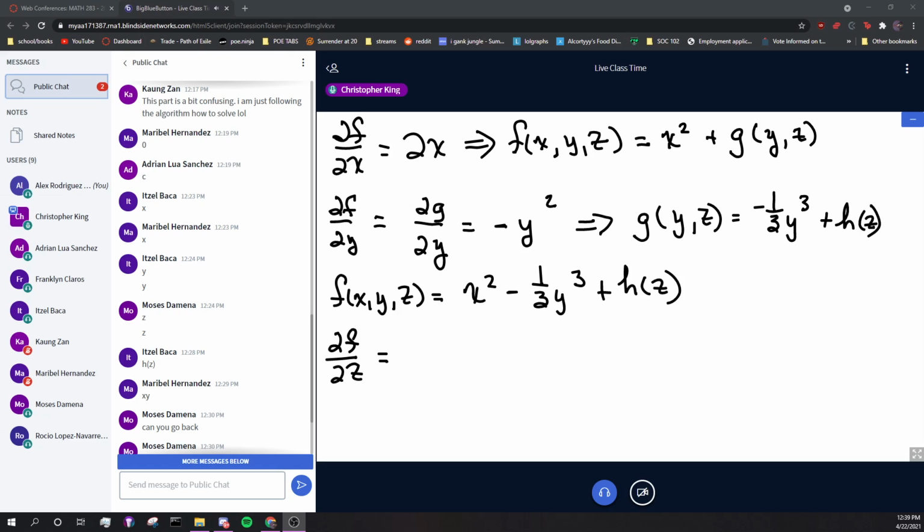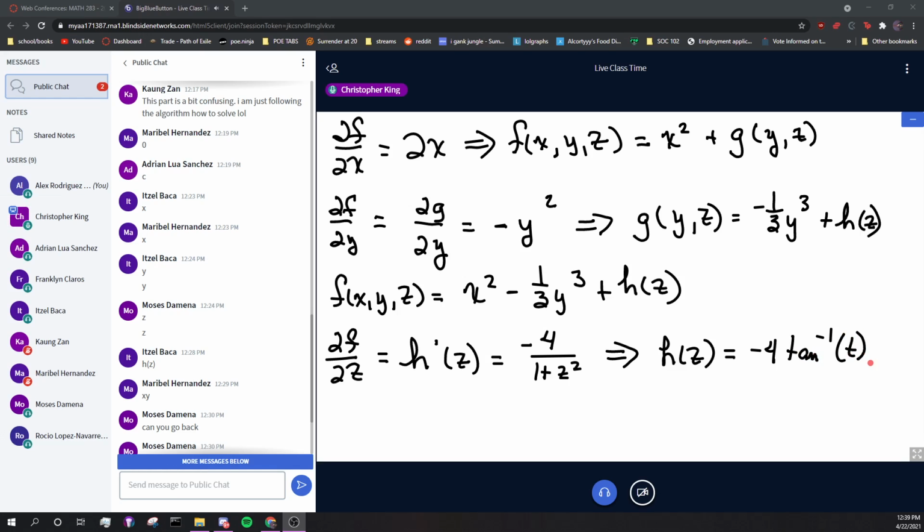If I do that, I'm going to get h prime of z, and this is going to be equal to negative 4 over 1 plus z squared. So what that tells me is that when I integrate it, h of z is going to be equal to negative 4 tangent inverse of t plus c.